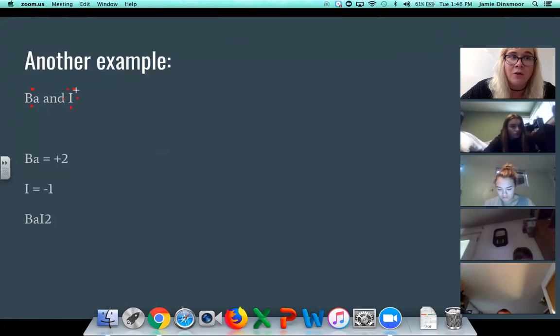If you ask yourself how could these things bond, it gets kind of complicated because you notice we're going to need 2 iodines for every single barium that we have. One of these electrons from barium can come over here to this iodine, but we have another electron left.